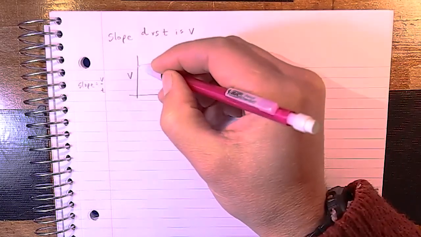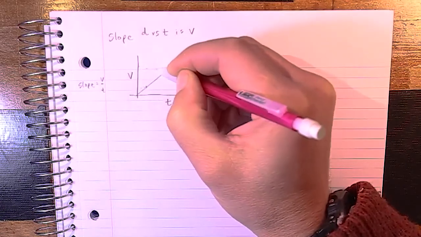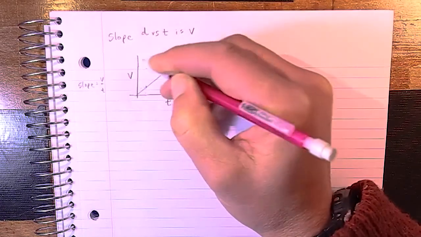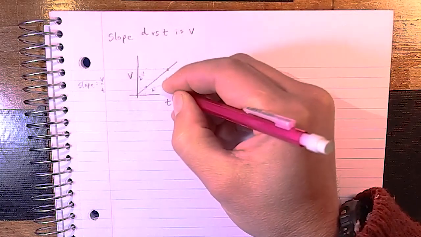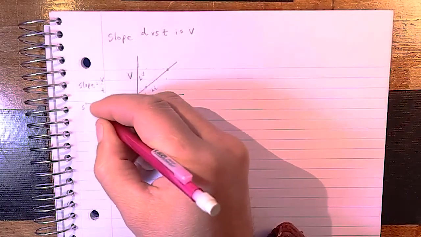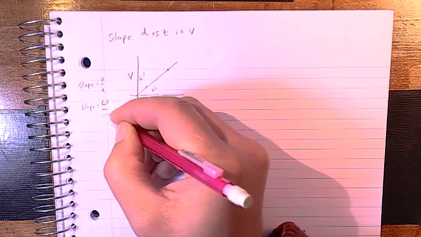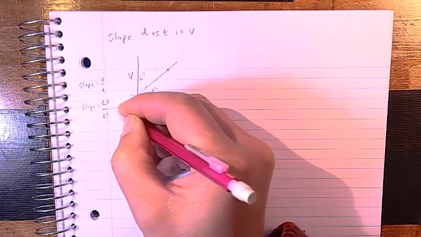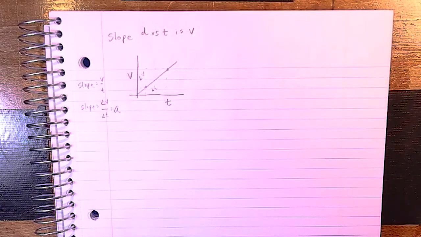Now, technically, if we have a line like this and we pick some points, we're dealing with the change in v and the change in t. So what is the slope equal to, the change in v over the change in t? And we know that that formula is the acceleration.